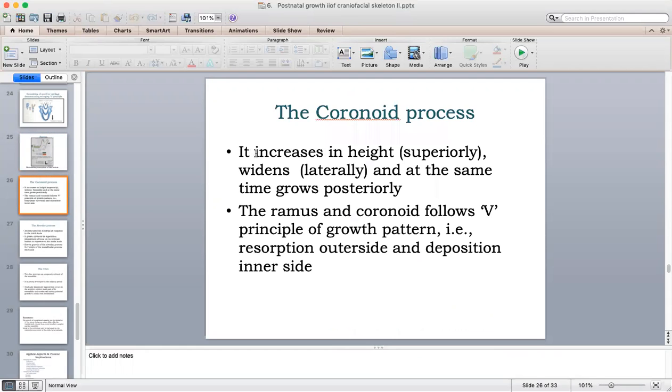Now the coronoid process is a triangular process on the upper part of the ramus. It increases in height and widens at the same time as it grows posteriorly. The ramus as well as the coronoid all follow the V principle of growth. That is, there is resorption on the outside and deposition on the inner side.